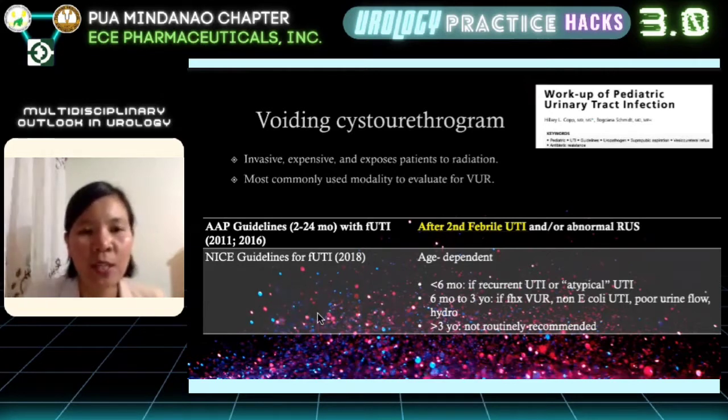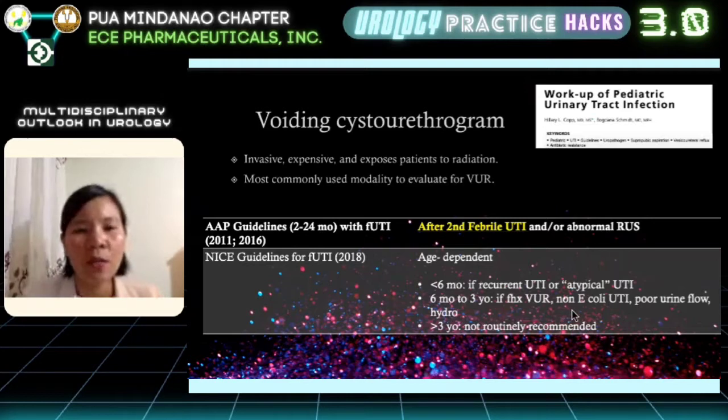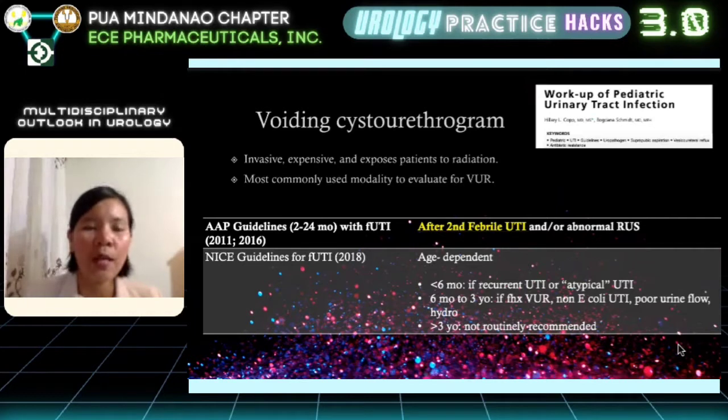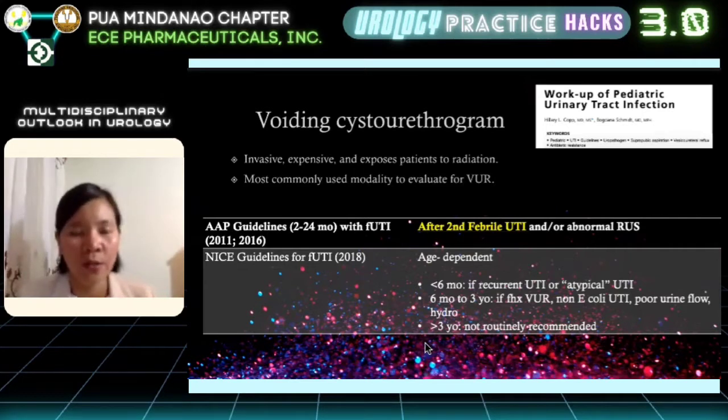For less than 6 months, if with recurrent UTI or atypical UTI. For 6 months to 3 years old, if with a history of vesicoureteral reflux, non-E. coli UTI, or poor urine flow and hydronephrosis. But it is not routinely recommended for children more than 3 years of age.